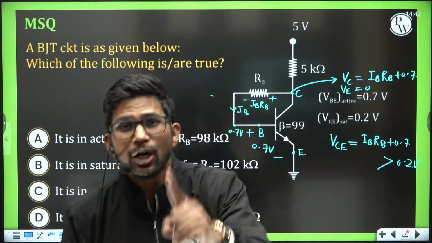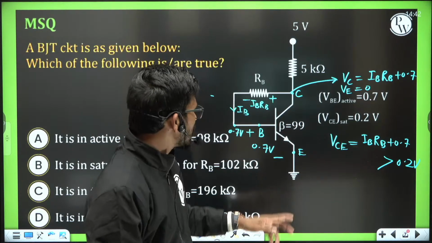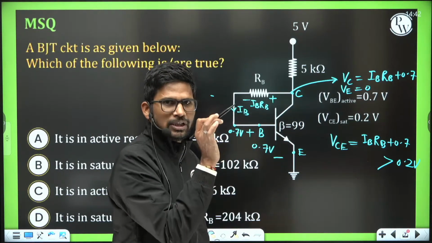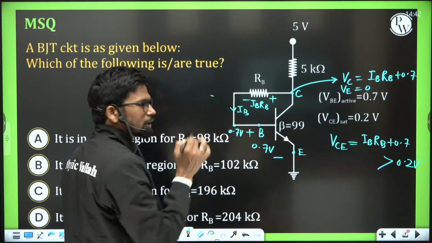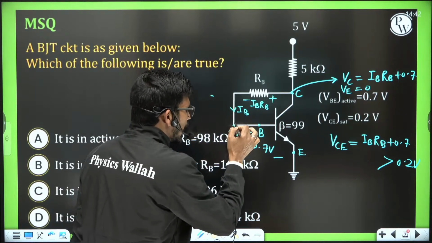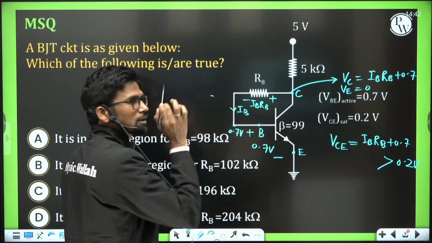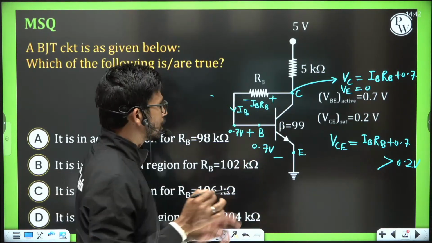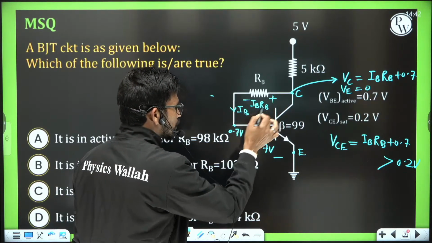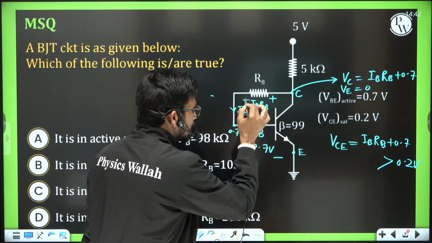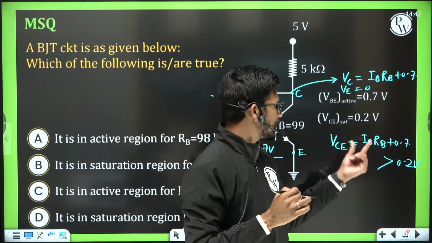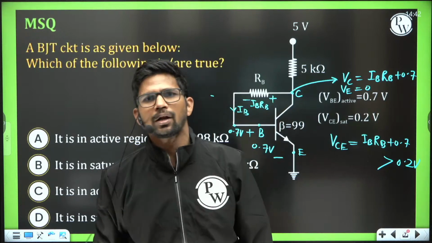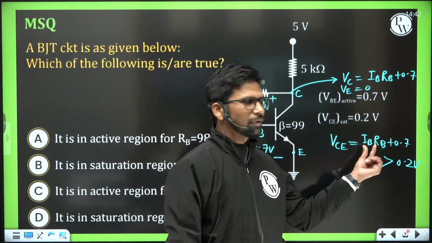It will never go in saturation region, because whenever this BJT is on, this VB will always come out to be 0.7, and since some current is flowing through this resistance, there will be an IBRB voltage drop here, and VC will come out to be 0.7 plus IBRB. This VC will always be greater than 0.2 for whatever value of current IB.